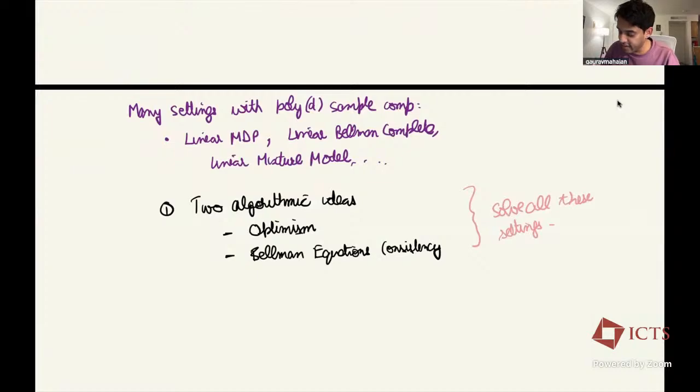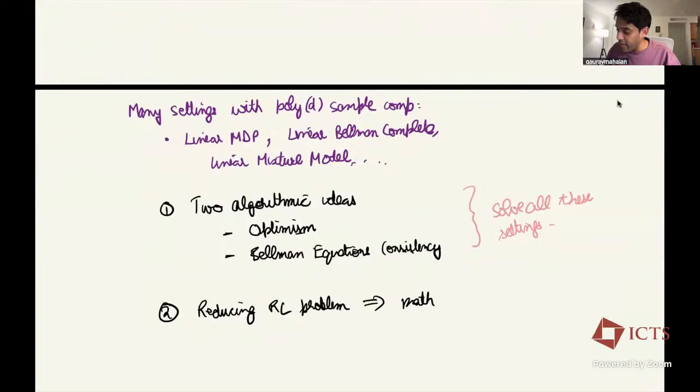Okay, and the second thing which happens, which is cool, is that once you use these algorithmic ideas, the analysis is really just reducing this RL problem, which I actually haven't defined precisely, of finding the optimum policy, to another math problem, which is also a cool math problem in itself.